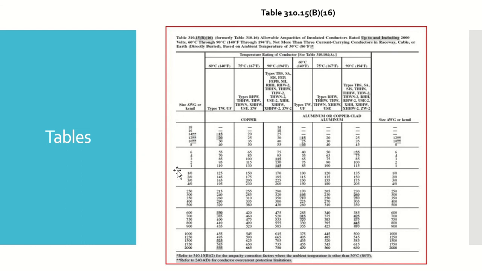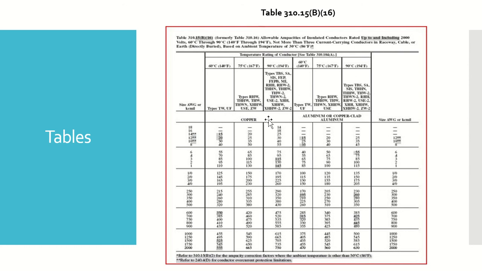So here's all my different sizes, 18s being my smallest, 2 millions being my largest. Here's the different temperature ratings of the jackets, 60 degrees C, 75, 90, and this would all be for copper conductors. On the right side here, this is for aluminum conductors, a 60 degrees C jacket, 75 degrees C jacket, and a 90 degrees C jacket for aluminum.